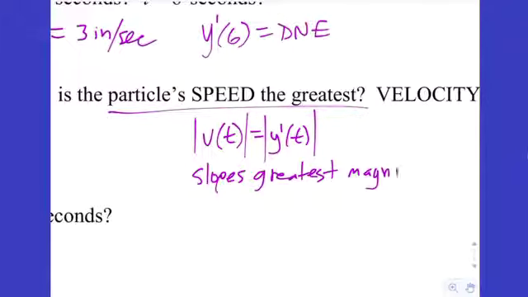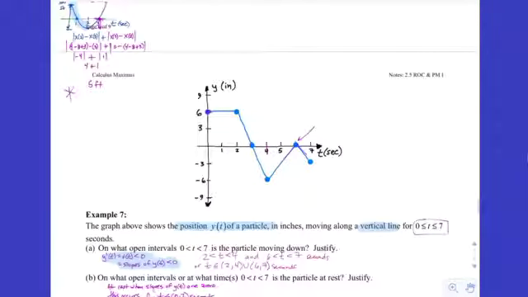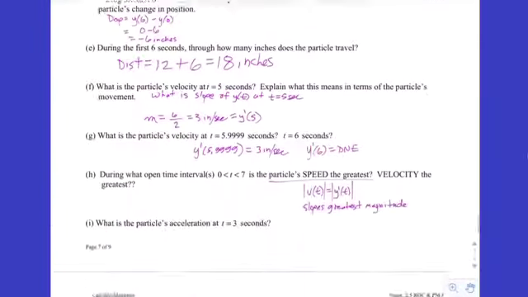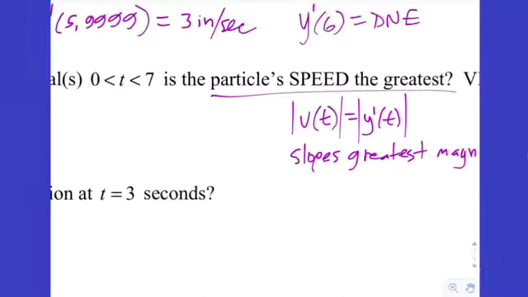Not just when is it the most positive, but where is it the biggest magnitude? Where is this graph the steepest? Yeah, from 2 to 4. Even though it's negative, from 4 to 6 is not as steep as it is from 2 to 4. And we're looking at absolute values. So the speed is the greatest from t equals 2 to 4 seconds. I'll write it like that.